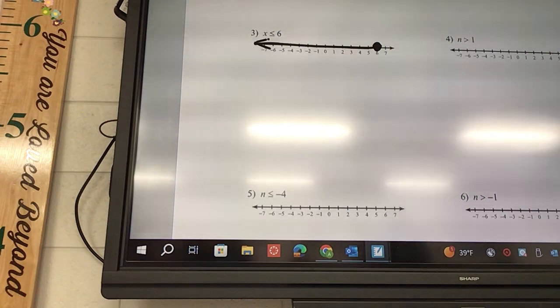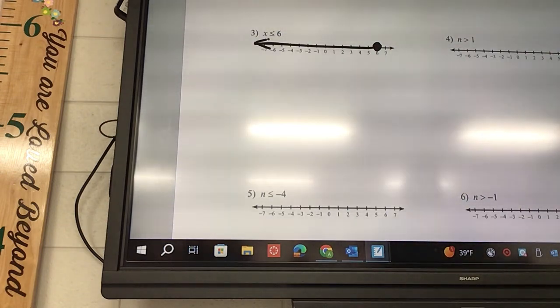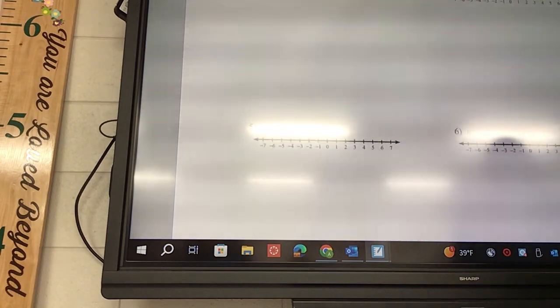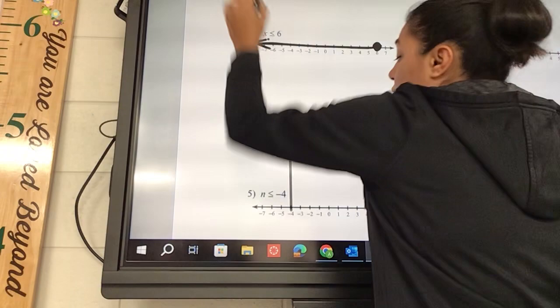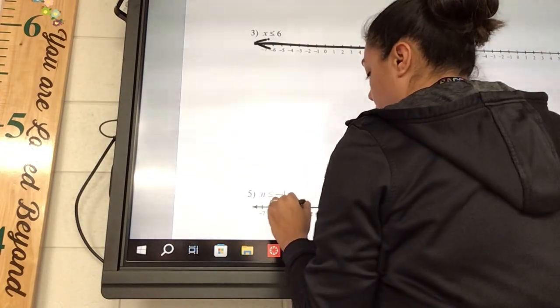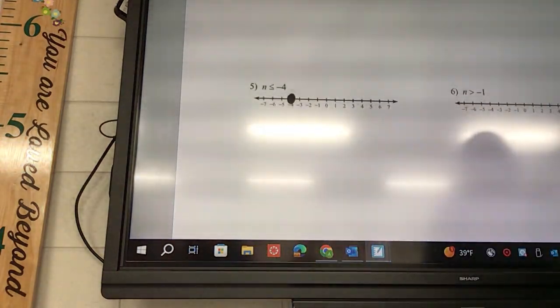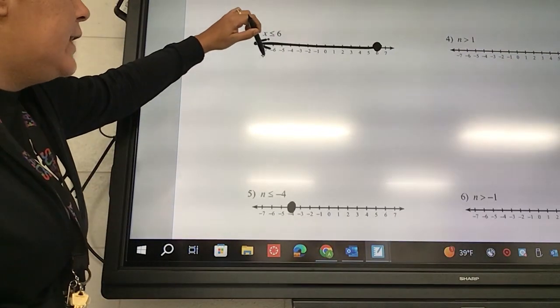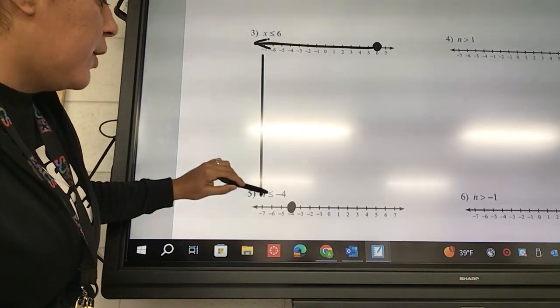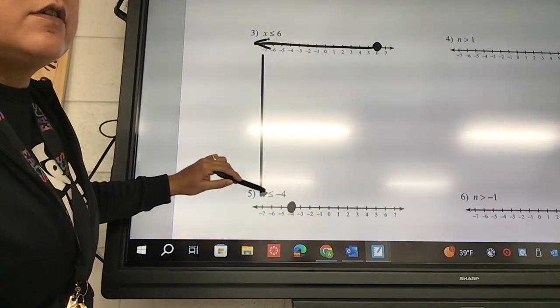Okay, number 5, on the -4, is that going to be open or closed? It's going to be closed. And if you were to read this, really it says N is, are we touching the smaller part or the bigger part first? Smaller.